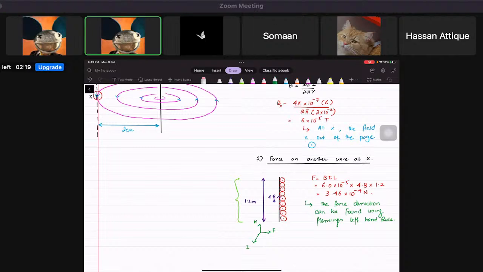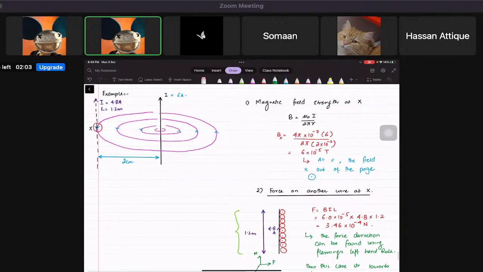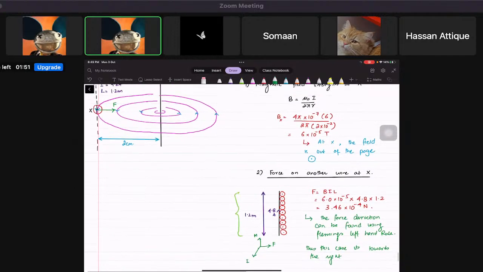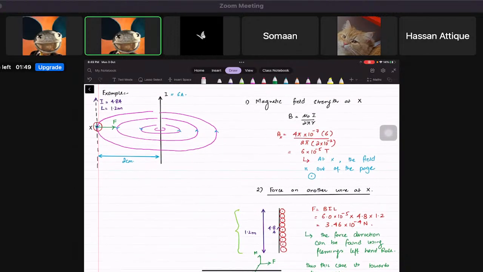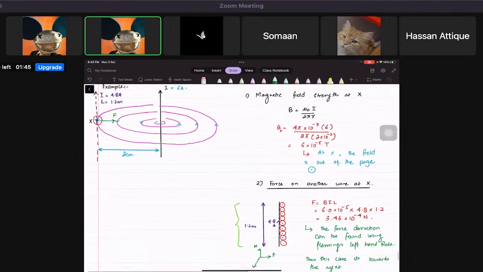Okay, so the force direction can be found using Fleming's left-hand rule. In this case, it's towards the right. Okay, so on this diagram, can I say that the force is going to act like this? Now we clearly understand the force on X is towards the right. Then what can be deduced on the force on the wire that's carrying 6 ampere?